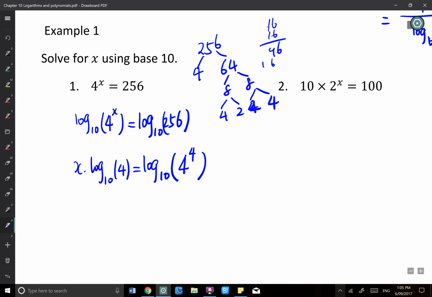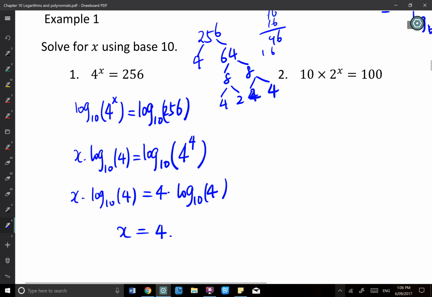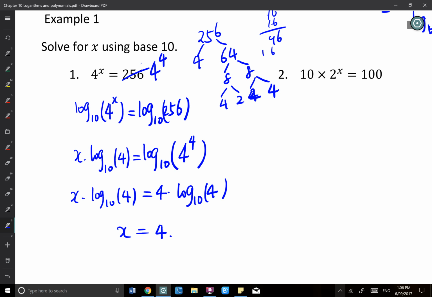So we have x times log_10 4 equals 4 times log_10 4, so x equals 4. I can do this really easily, as 4 to the power 4 and x is 4, but they want us to show base 10. That's how we show it in base 10.